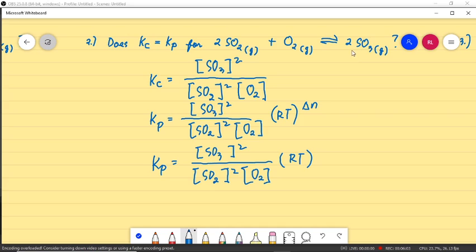You have here 2 minus 2 plus 1 equals 3. So therefore this is negative 1.